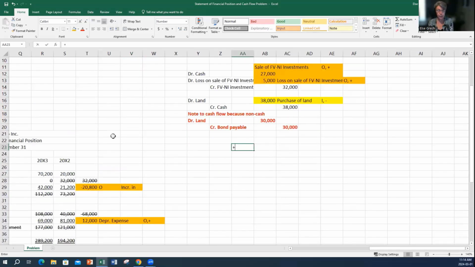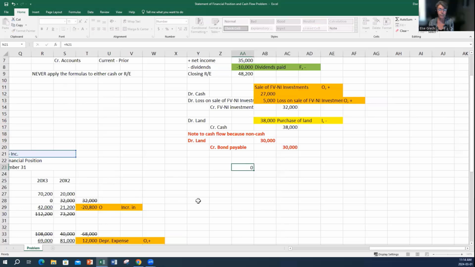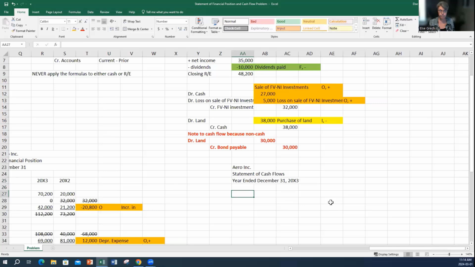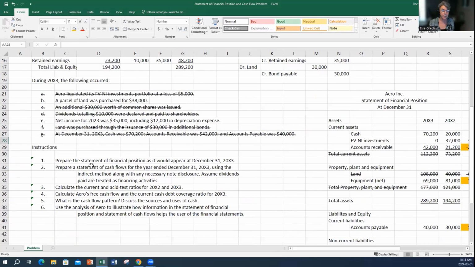So we're going to start with the company name. And we're going to do the statement of cash flows. Year ended December 31st, 20X3. Okay, we're going to start with cash flows from operating activities. And this is indirect. We were asked, I'm pretty certain they asked us for the indirect.